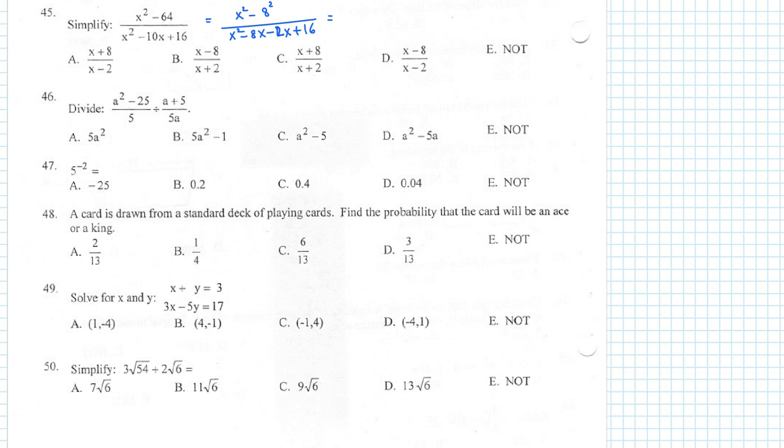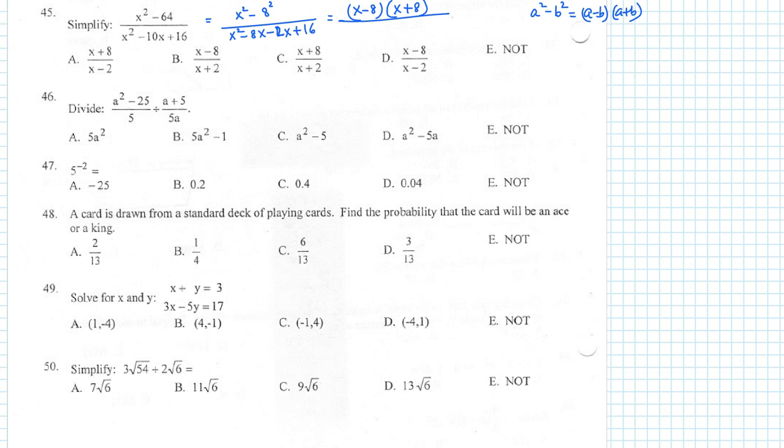So x squared minus 8 squared is like a squared minus b squared, which is nothing but a minus b times a plus b. So I will write this as x minus 8 times x plus 8.